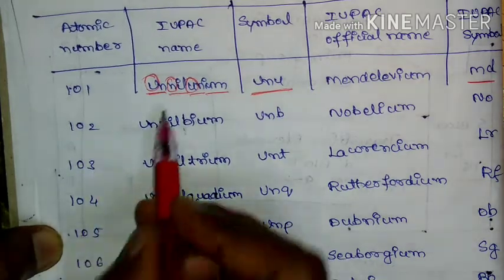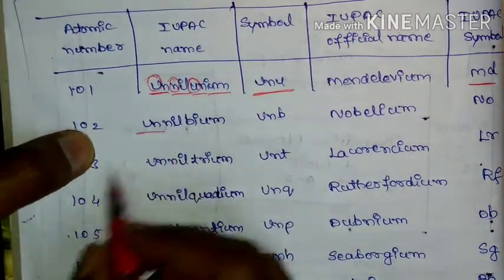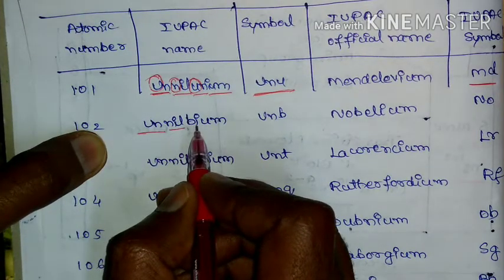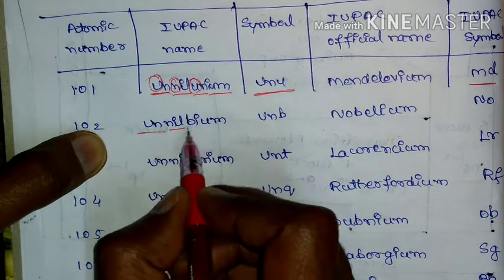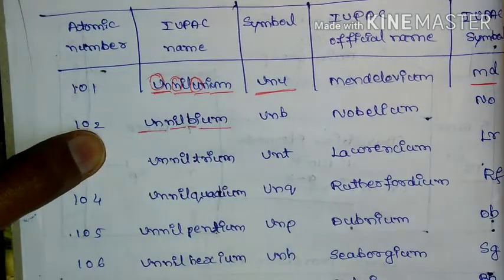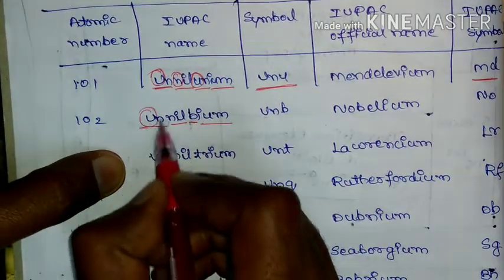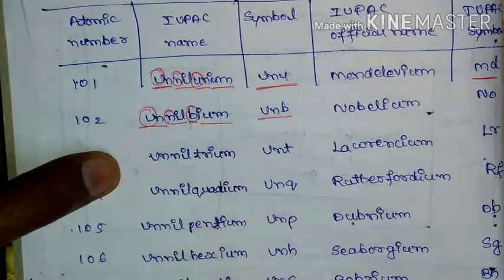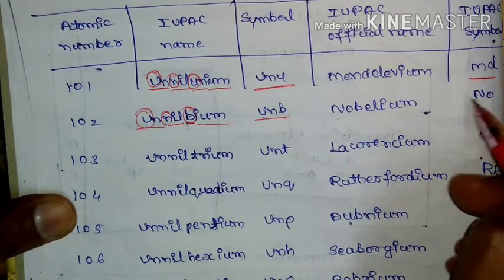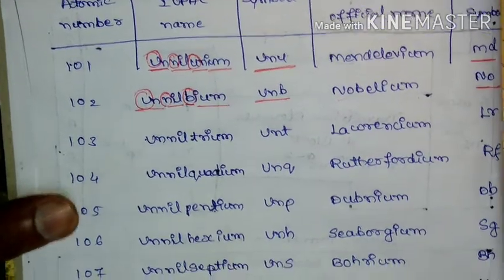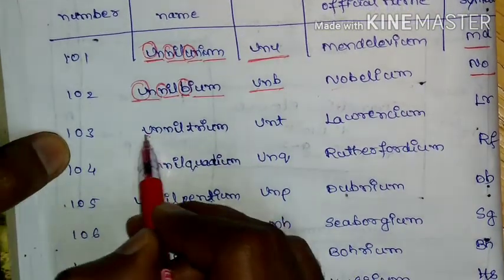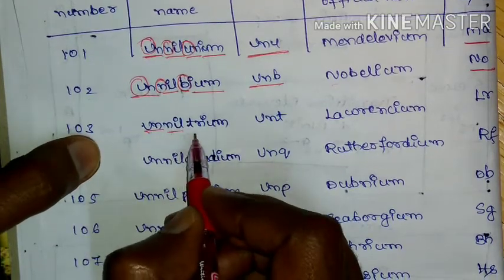If you come to 102, 1 means un, 0 means nil, 2 means bi. Here the i from bi has been omitted, so it is written with b, and the suffix is ium, and the symbol is Unb, and the official name is Nobelium, and its symbol is No. Similarly, for atomic number 103, 1 for un, 0 for nil, 3 for tri.